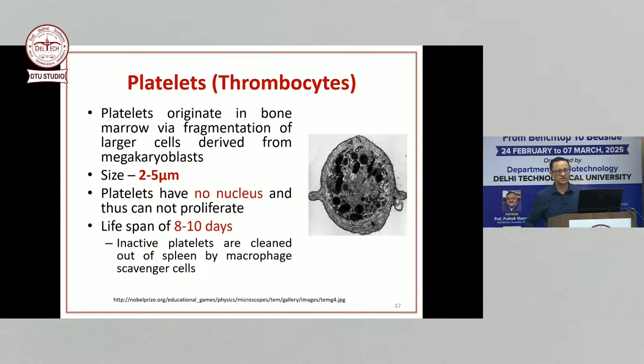Okay, now it's more interesting. Platelets are also called thrombocytes. Why? Fragmented part, yes. First, platelets are made from megakaryoblasts which break down into platelets, but they are also called thrombocytes because they can lead to thrombosis, and thrombosis is basically clotting.